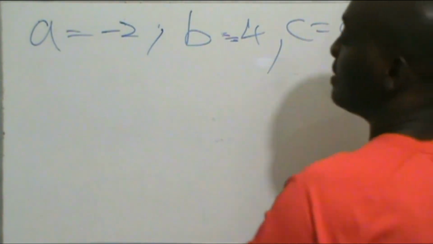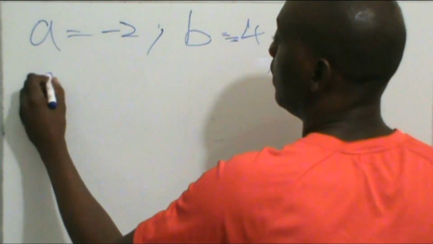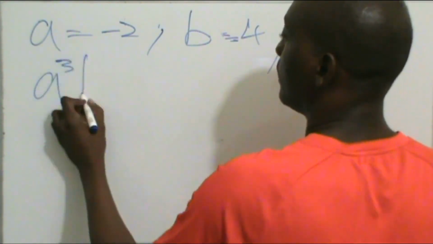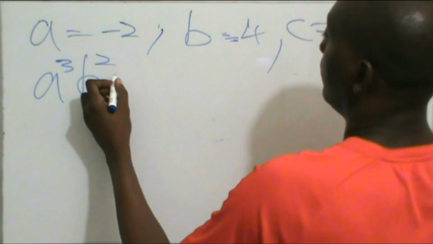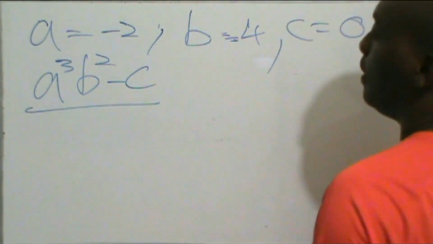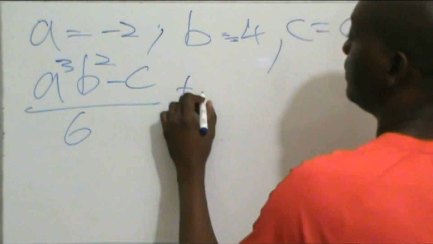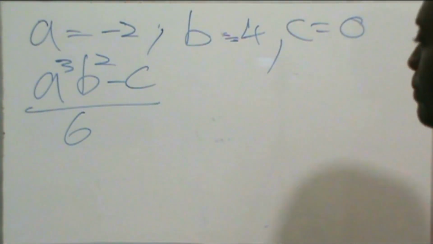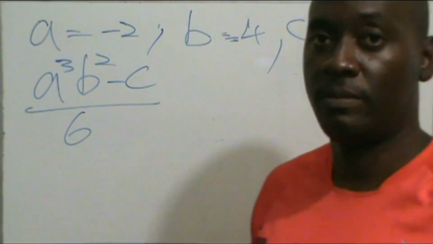And they want us now to evaluate A cubed, B squared minus C all over 6 plus, no, leave that just like that. Okay? Right, simple evaluation again.